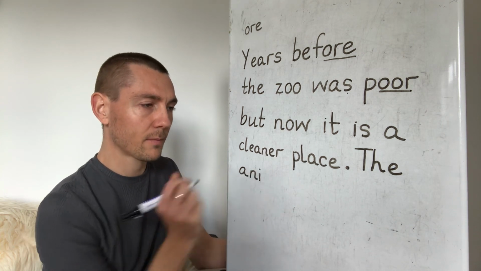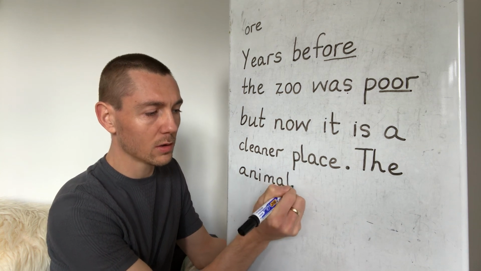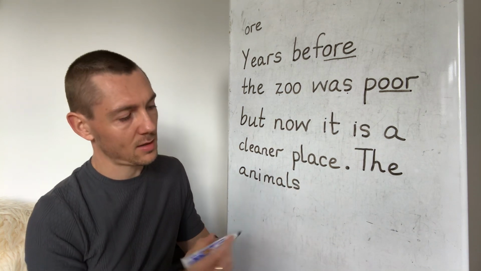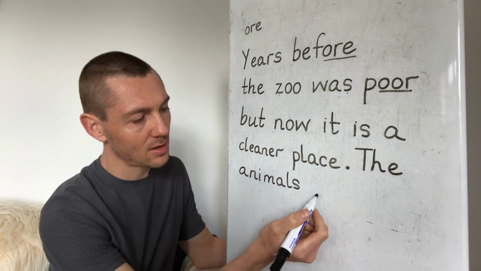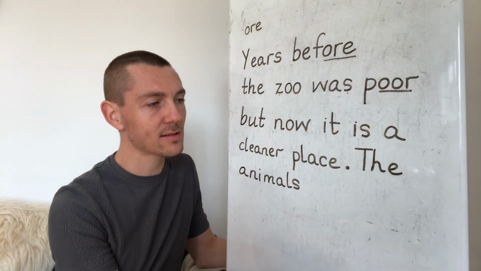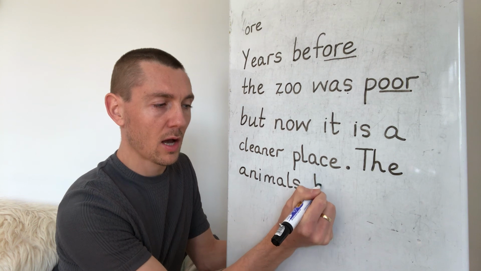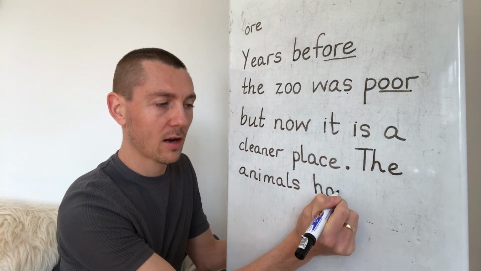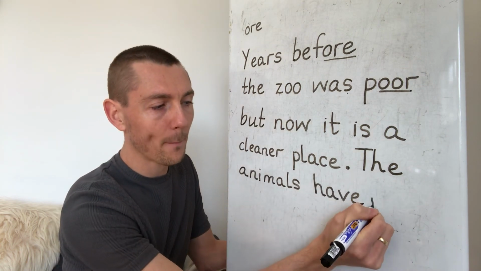Near, or, z. Animals, animals. The animals have more space. Your turn. More.